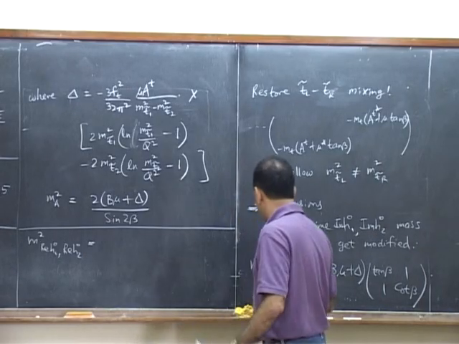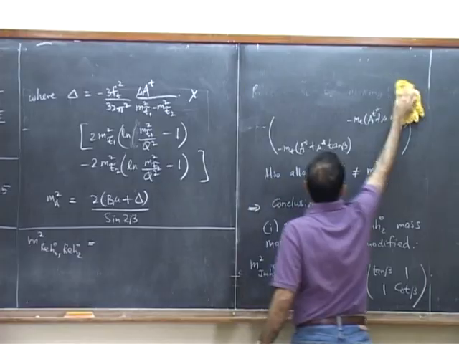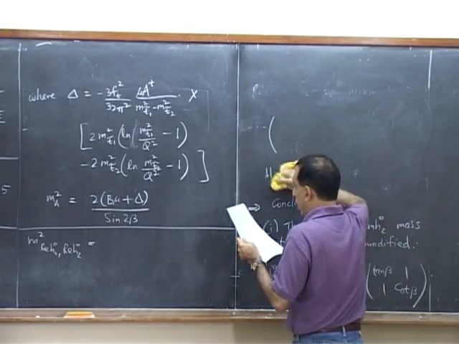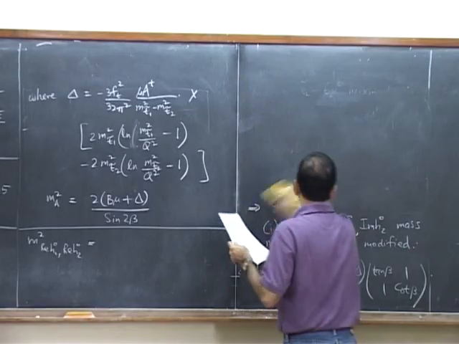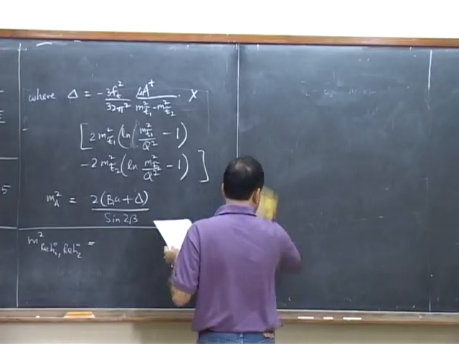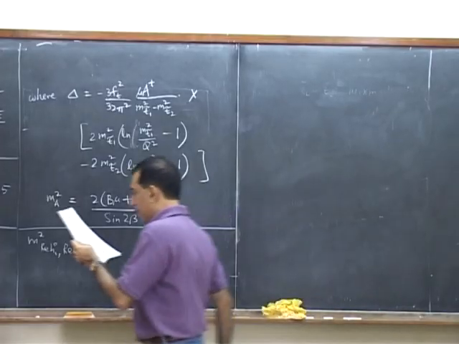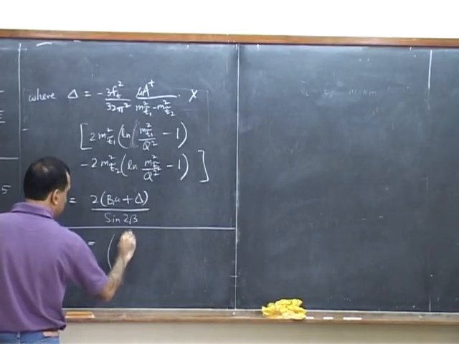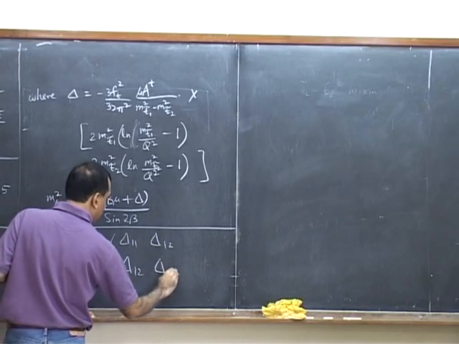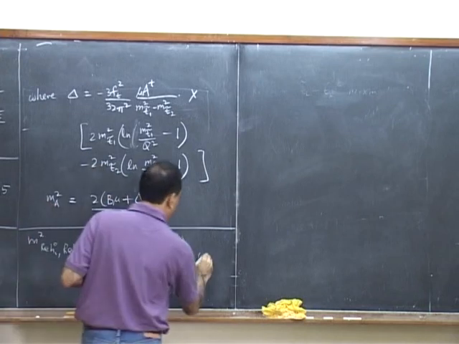And I need to define for you 3 corrections before I can express this. A bit tedious, but it's the last formula we'll be writing. So let's first write this matrix as delta 1 1, delta 1 2, delta 1 2, delta 2 2.